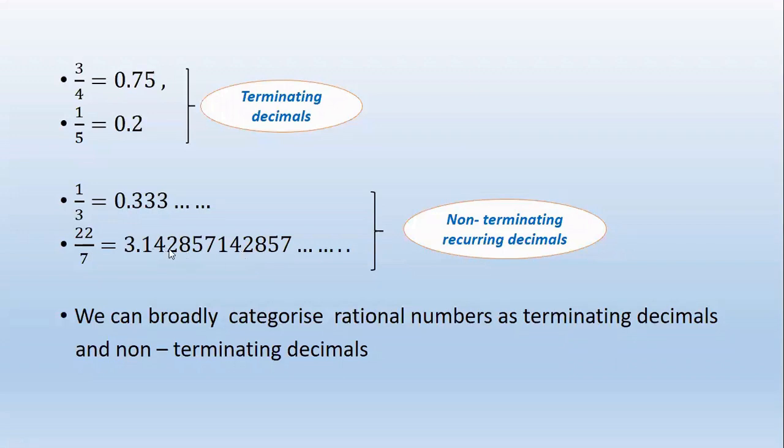Here digits do not end and are also recurring following a certain pattern, so this is also a non-terminating recurring decimal. So we can broadly categorize rational numbers as terminating decimals and non-terminating recurring decimals.